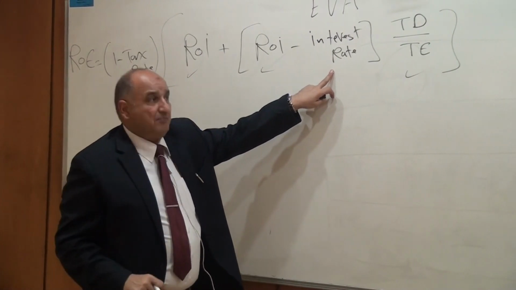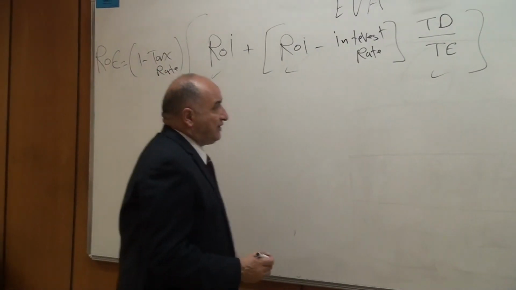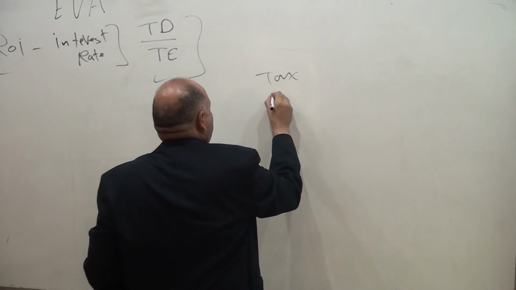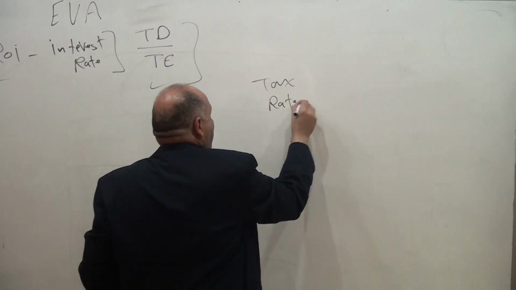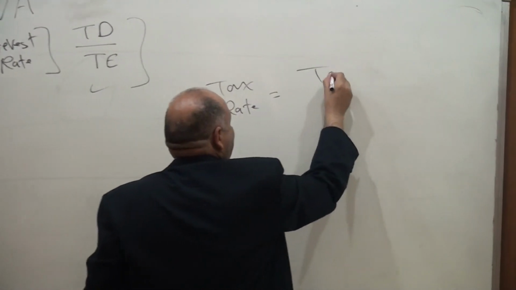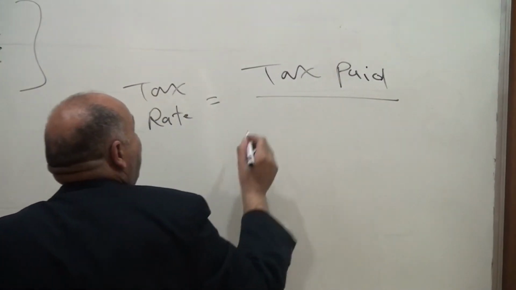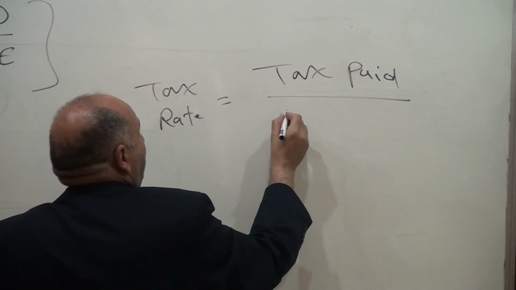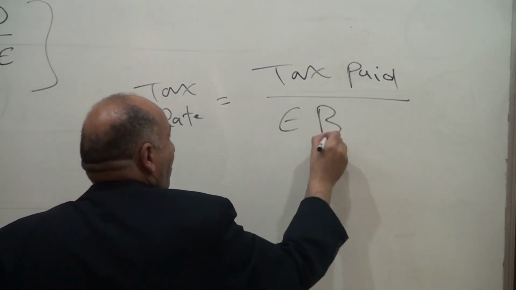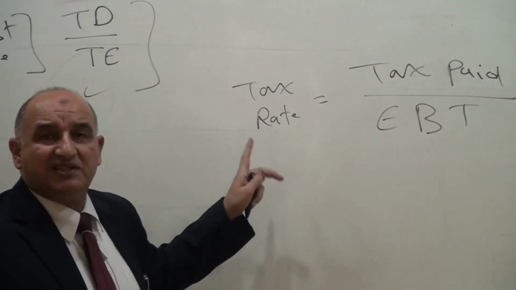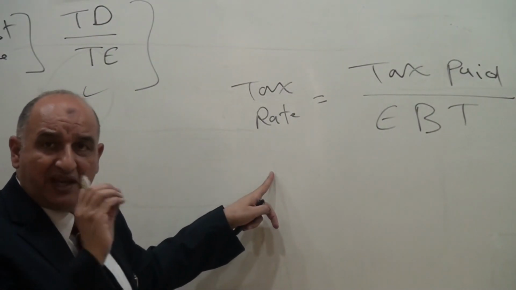The tax rate equals the tax paid divided by earning before tax. By calculating this, you will get the tax rate, how much you pay as a tax for your company.